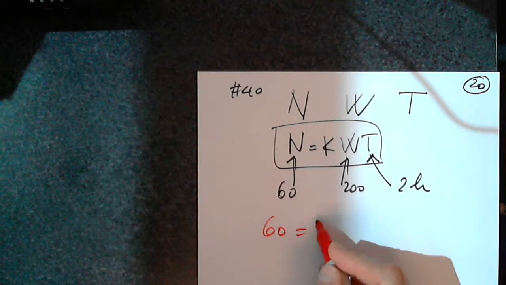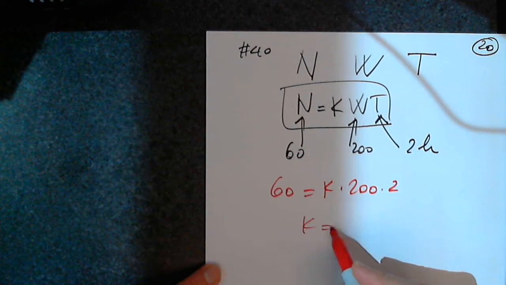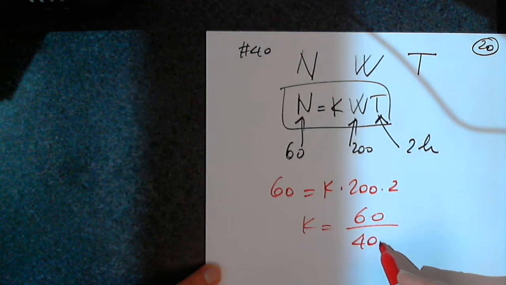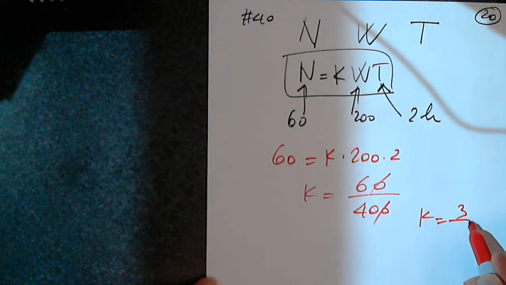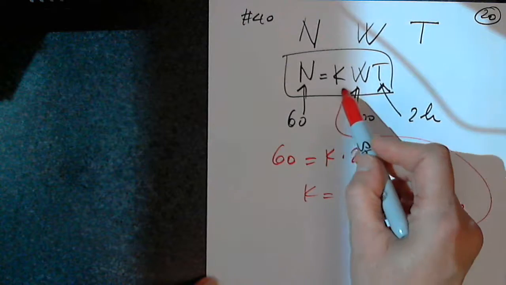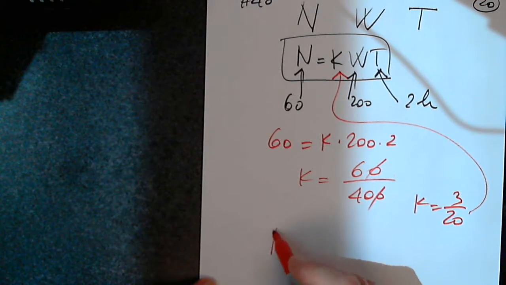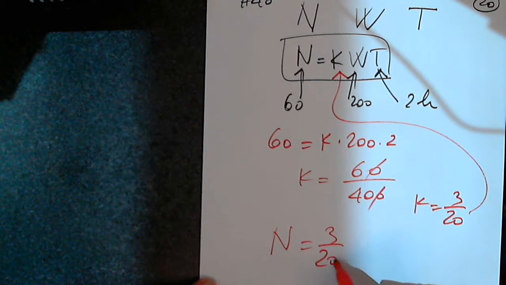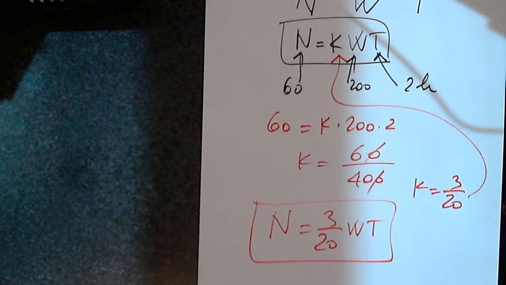So I have 60 equals K times 200 times 2. So K equals 60 divided by 400, and I simplify, so K equals 3 over 20. Put it back in the problem: N equals 3 over 20 WT. Now let's see what they want.